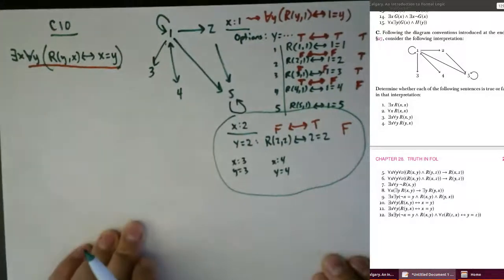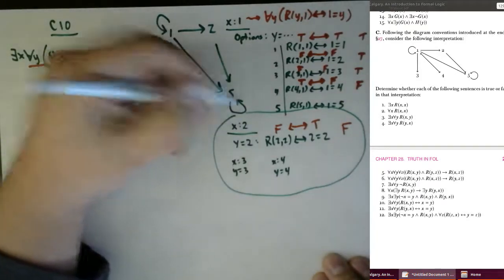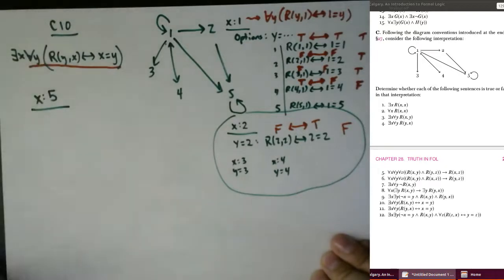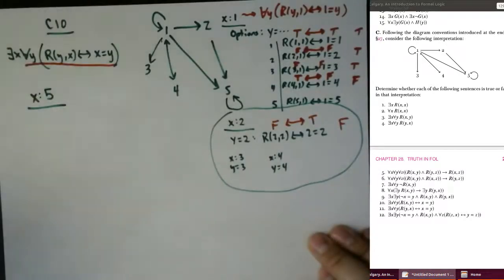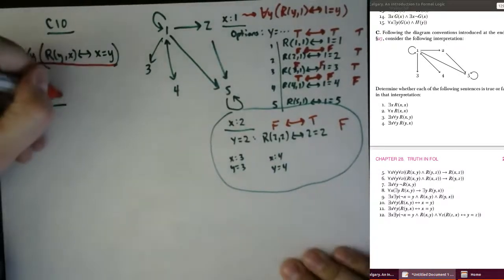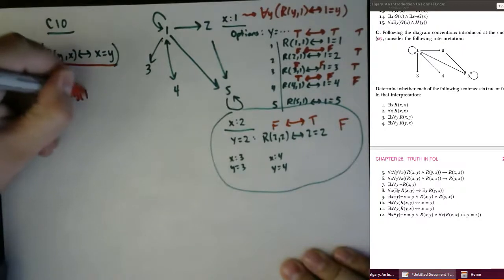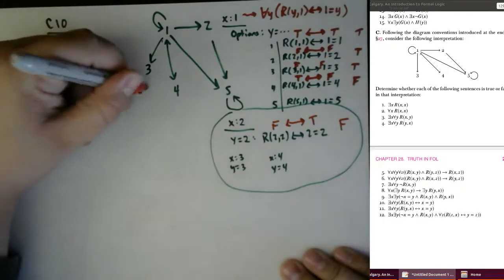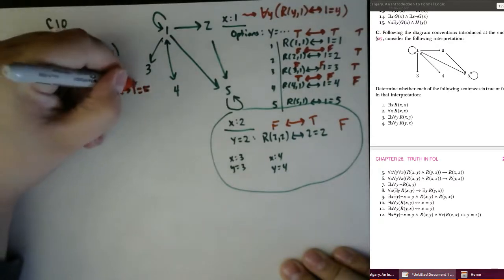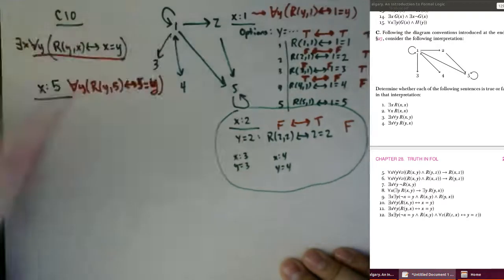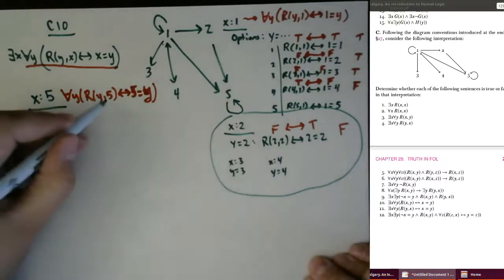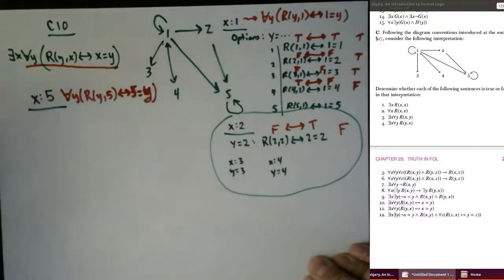These all will sort of work the same because none of them have self loops. So the only other option we have here is to consider x to be 5. And I don't know what's going to happen because I didn't do this in advance. But we want to look at now the sentence, for all y, R y 5 if and only if 5 equals y. Now, if you think about it, it's saying something maps to 5 only if it's 5 itself.